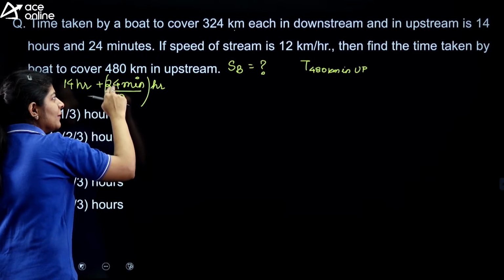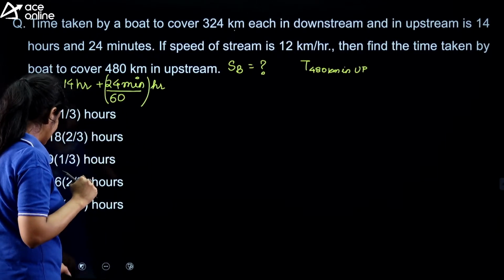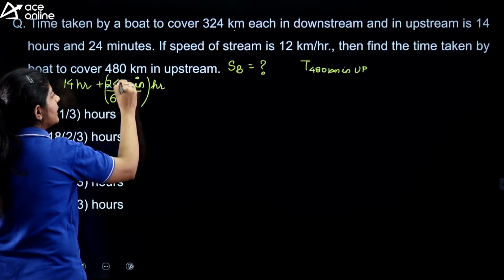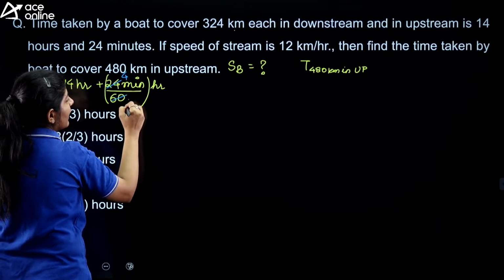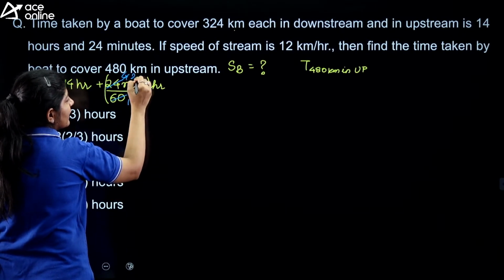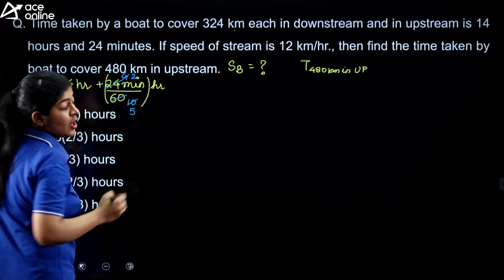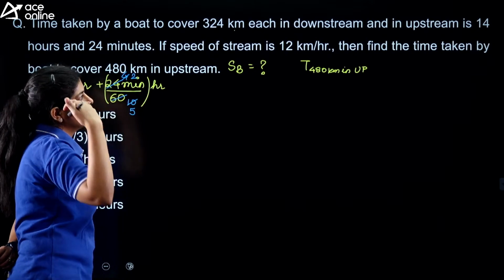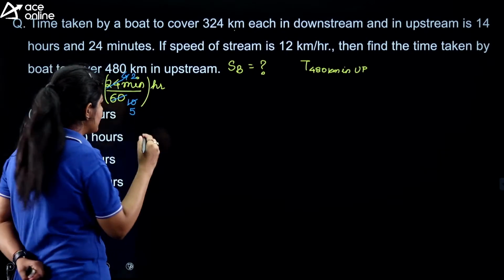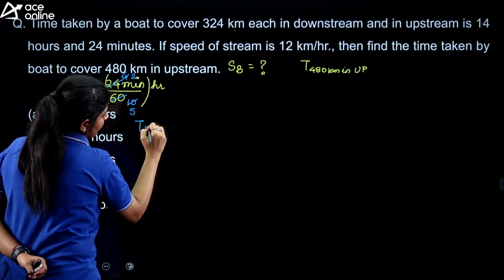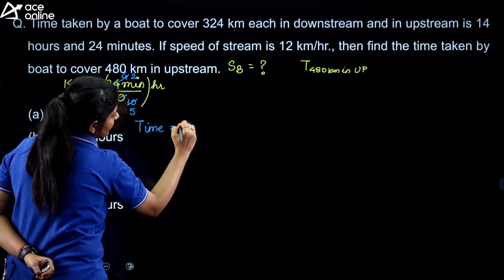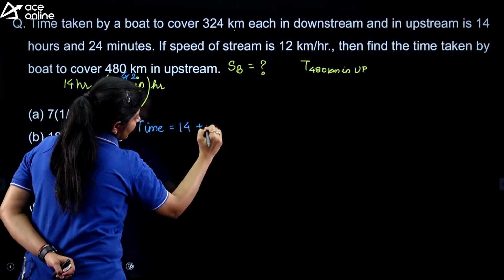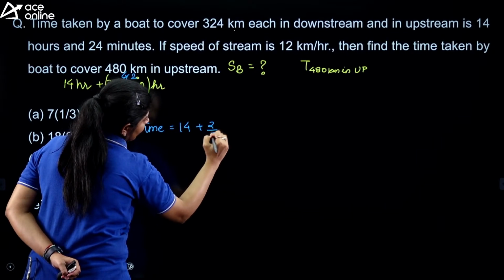Can we eliminate this fraction? Yes, with the help of 6 we can eliminate it. Here we are getting 4, here 10, here 2, and here 5. So the total time that the boat is taking in the downstream and the upstream is 14 hours plus 2 by 5.